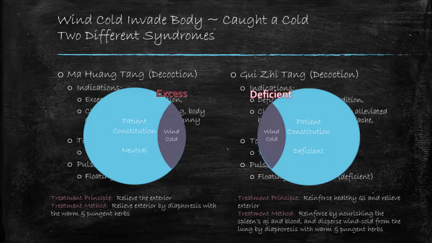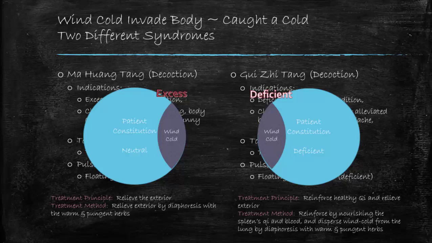So you could have deficient cold in one channel, and then excess heat in another channel. The various organs may be in various states of health with their associated conditions, excess or deficiency.